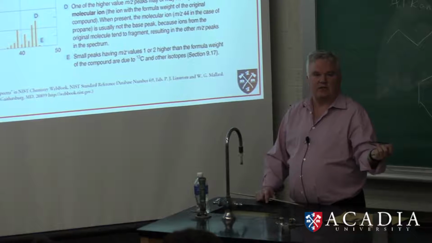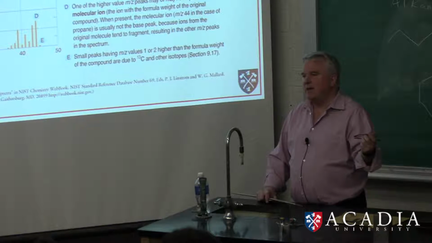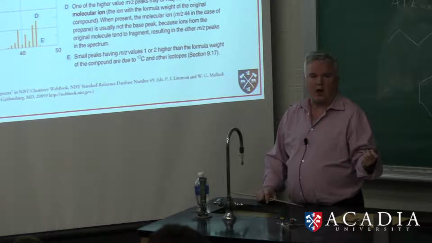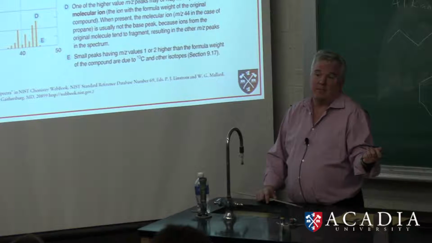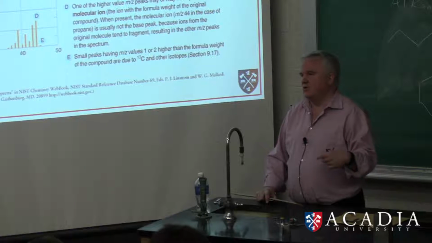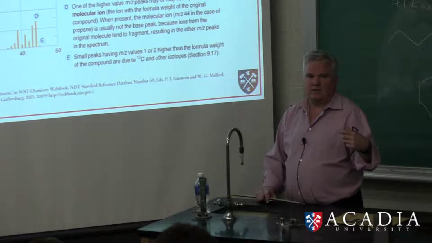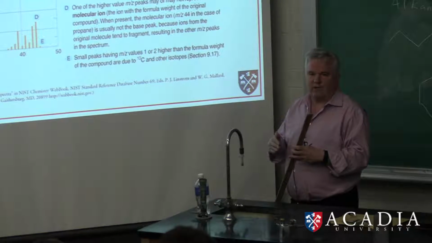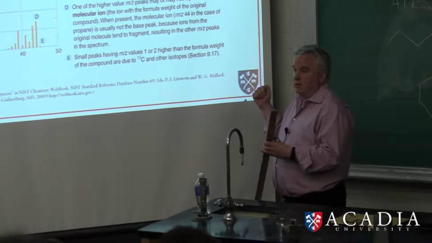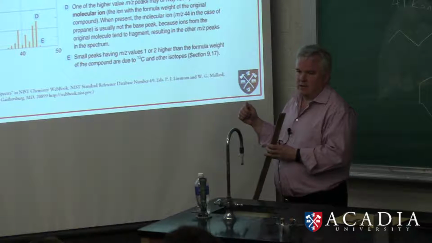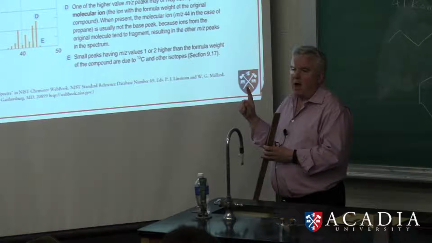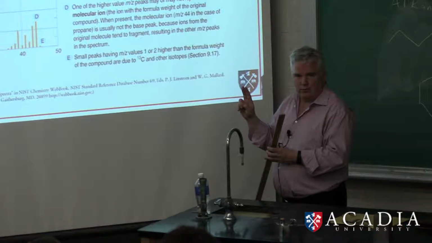It's an isotope of carbon, and it has an atomic mass different than 12 because it has an extra neutron in its nucleus. It has an atomic mass of 13. There's also carbon-14, and there's carbon-11, and all of these different isotopes have different abundances. The same with hydrogen. Most hydrogen has an atomic mass of 1, but some hydrogen has an atomic mass of 2. We call that deuterium.